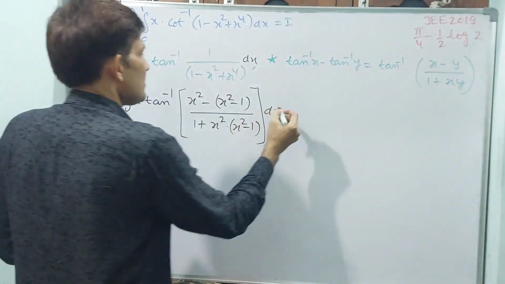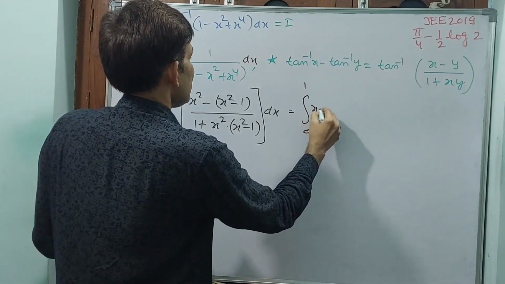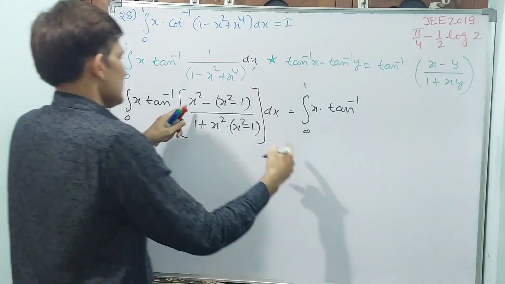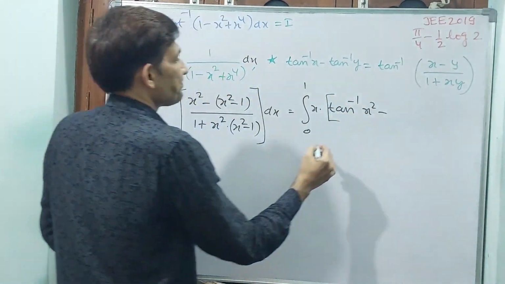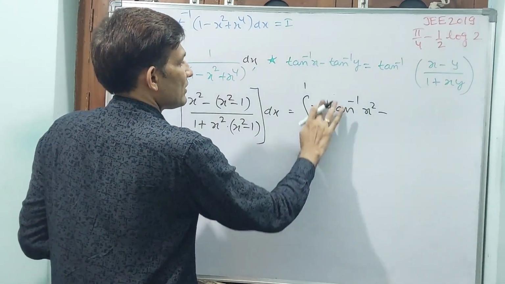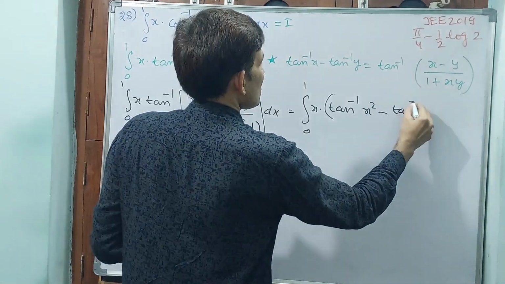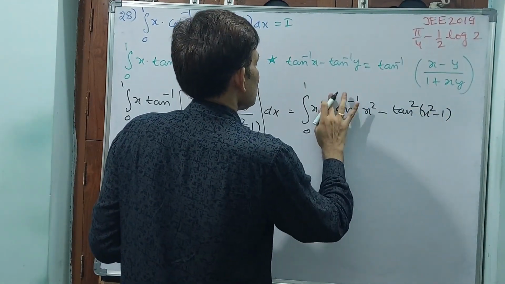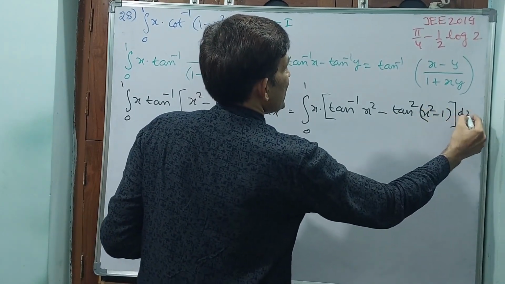Now shall I change this like this? That is equal to integral 0 to 1 x into (tan inverse of x square minus tan inverse of (x square minus 1)) dx. We keep a parenthesis because a parenthesis has already come.